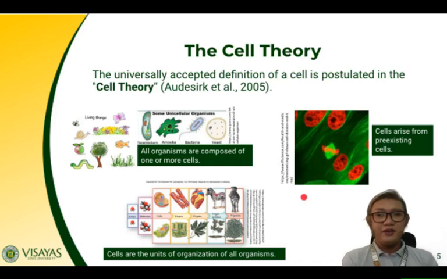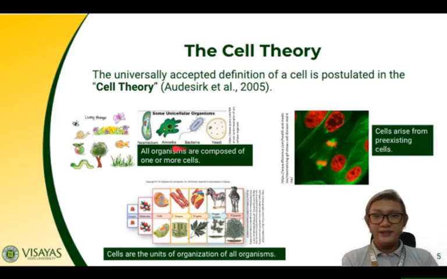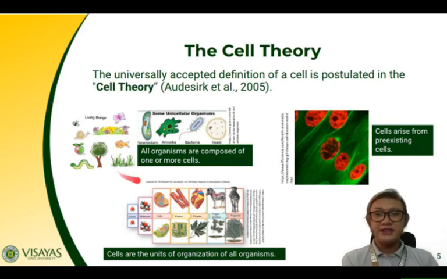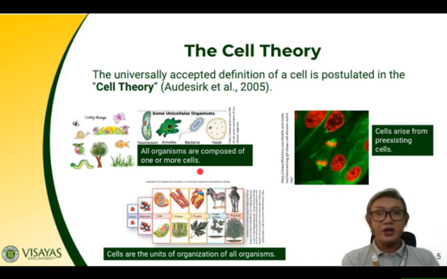The cell theory states that all organisms are composed of one or more cells. Now, we always emphasize this phrase one or more cells because, as you have known in your previous biology courses, there are also organisms that are unicellular or made up only of a single cell.